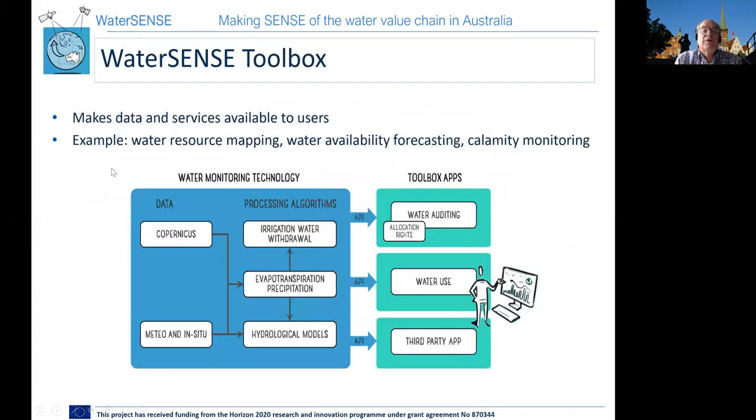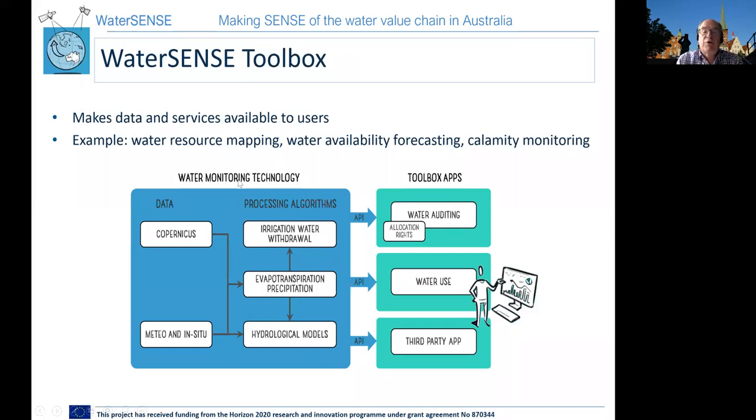So the toolbox makes data and services available to users. Here you can see that the data are coming from Copernicus, but they are also coming from meteo services and from in situ observations. Additionally, there are also other Earth observation data, which currently are not available through Copernicus, that we are using.